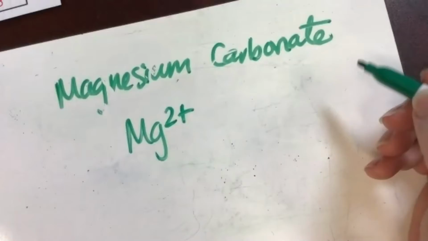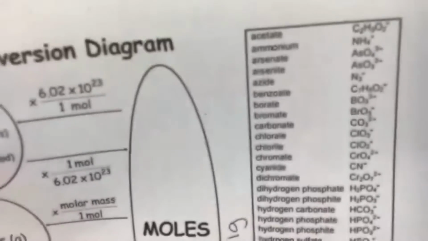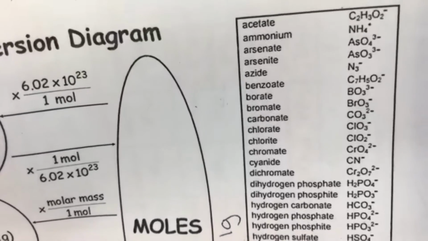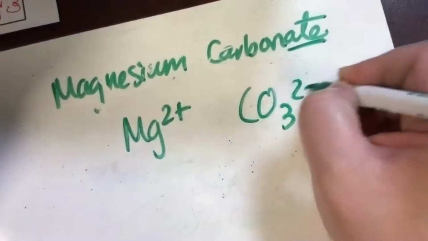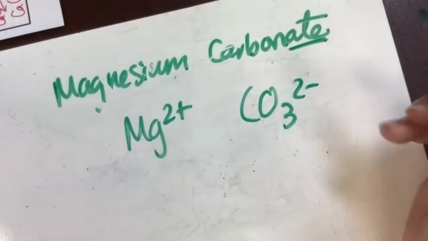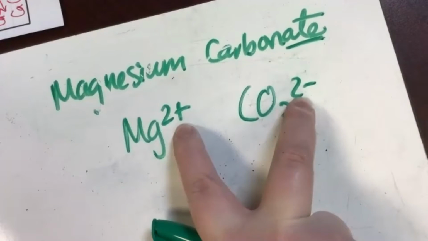And then carbonate, that says ATE. So I bet you anything it's not up here. There isn't a carbonate over here. So I'm gonna go look on this list on the back. Carbonate, CO3 2-. All right, now, when I've got a +2 and a -2, the shortcut that I've been teaching you is that equals 0, so I just don't write them.